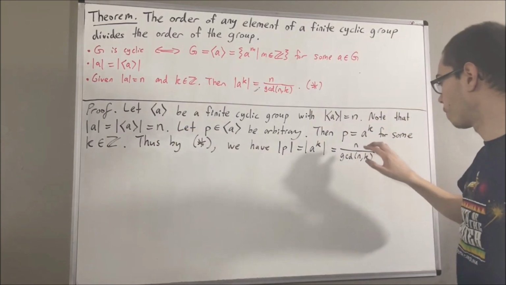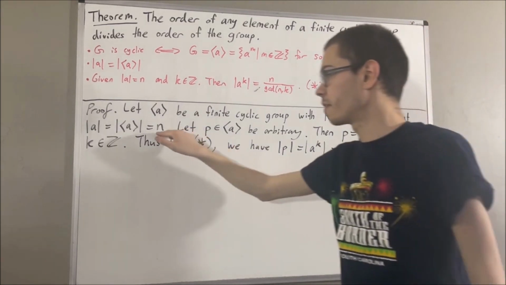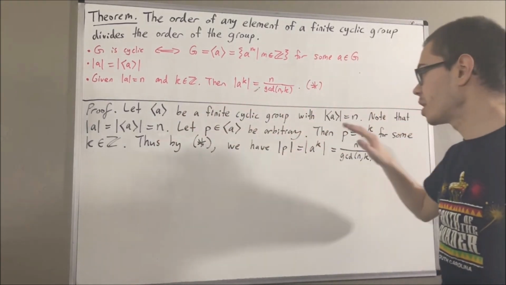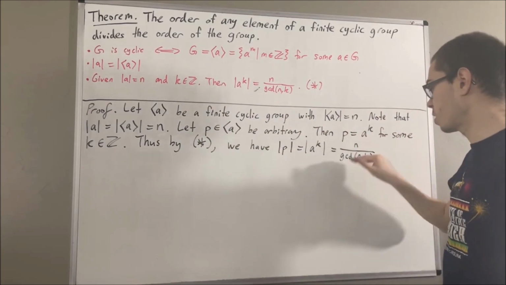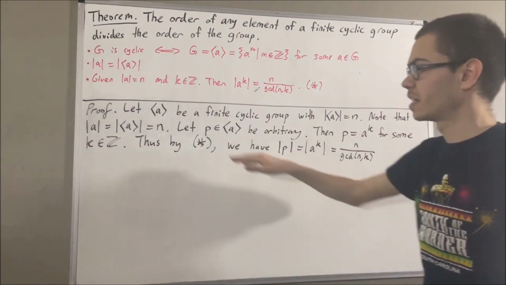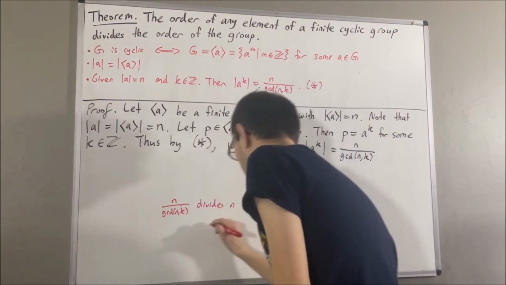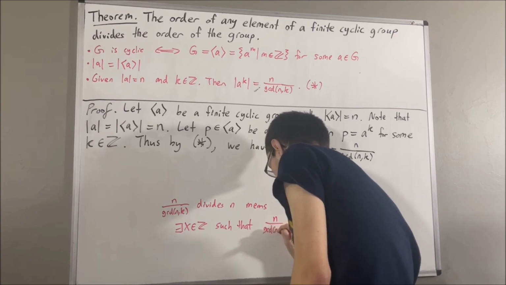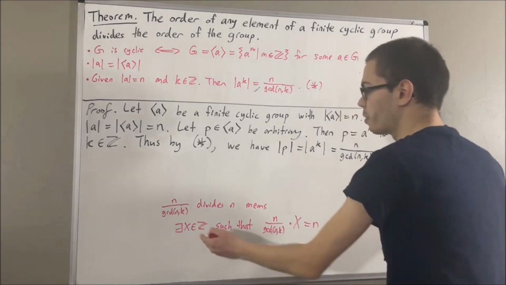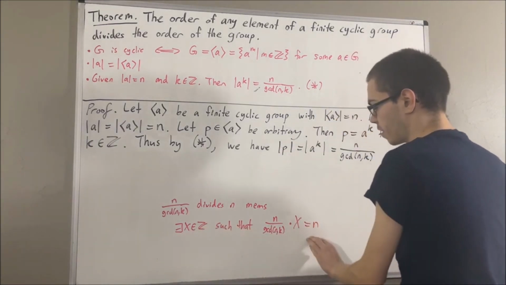Because what does it mean for n over GCD of n and k to divide n? It means that there exists some integer x such that n over GCD of n and k times x is equal to n. In fact, we know that there exists an integer x that satisfies this.